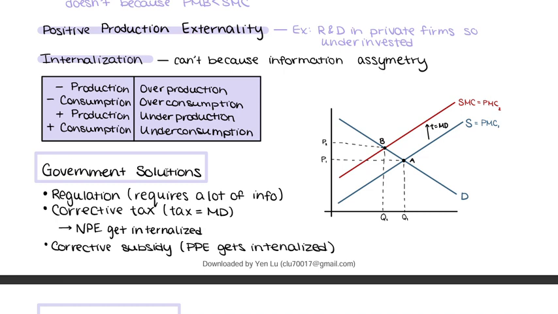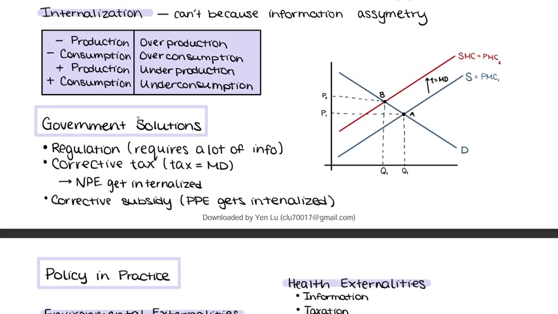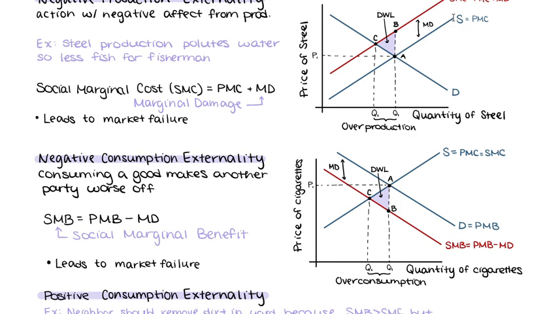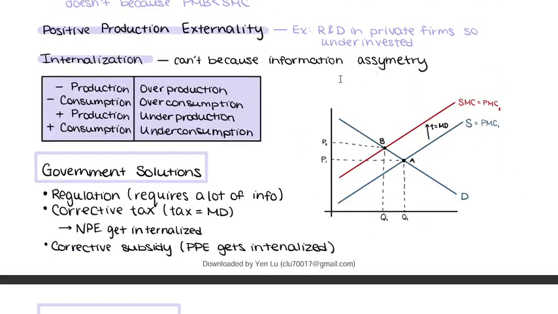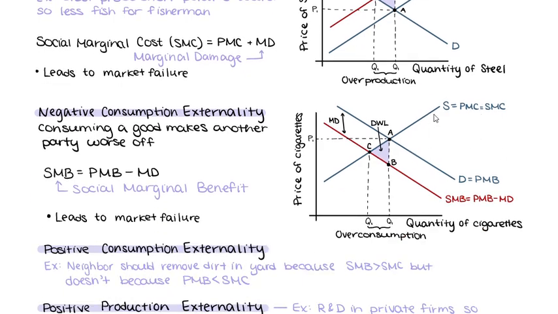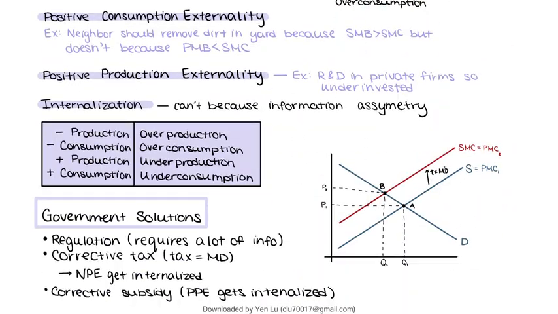The government can provide solutions like setting a regulation and a corrective tax, just taxing the marginal damage. So the supply shifts up, then shifts down because you tax it. And a corrective subsidy to those fishermen, for example. Okay.